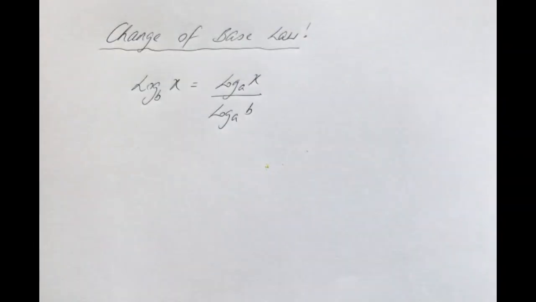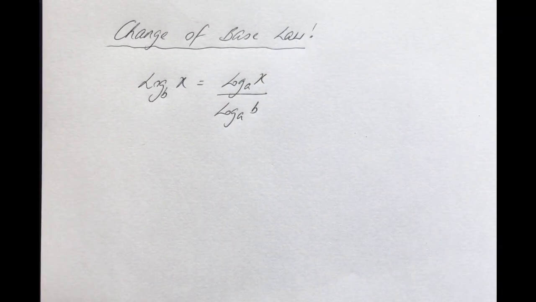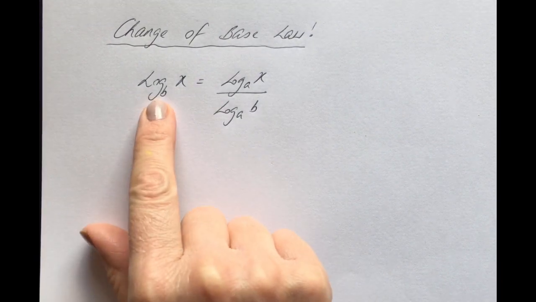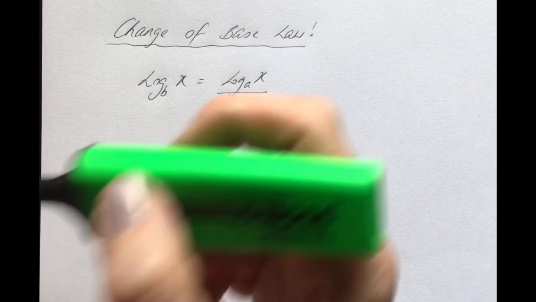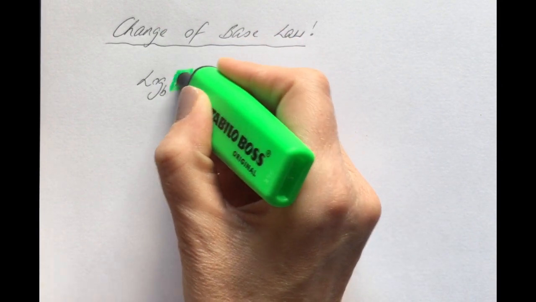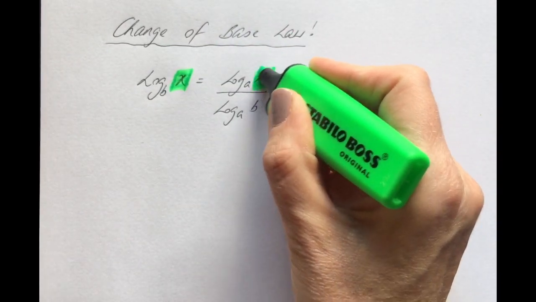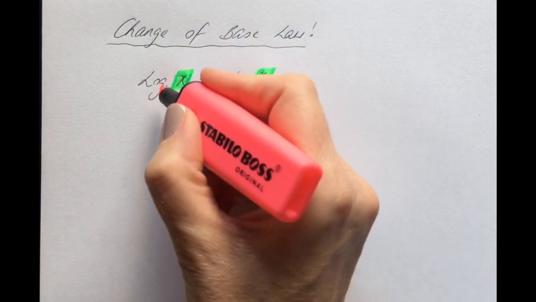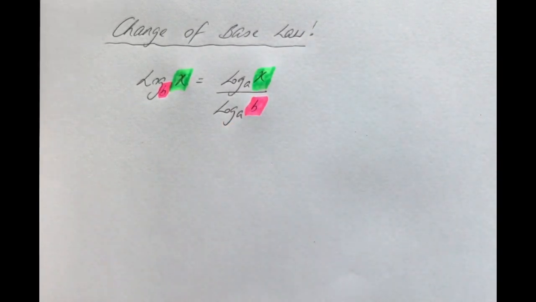Now, this looks quite complicated, so we're going to go through this in a lot more detail to make sure it is clear. So let's say you have a base B, but you want to change into a new base A. Then whatever you have here, in this case your x, you will take that x and put it into the new base that you want, and then you will divide by log of the old base, again in the new base.